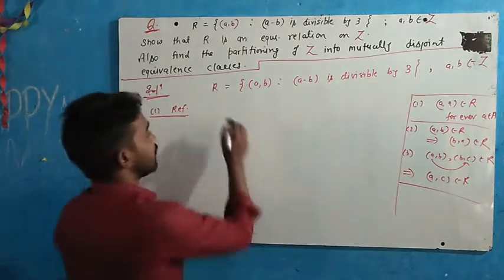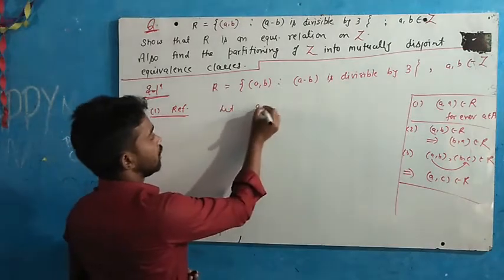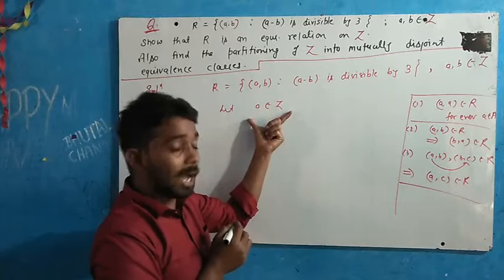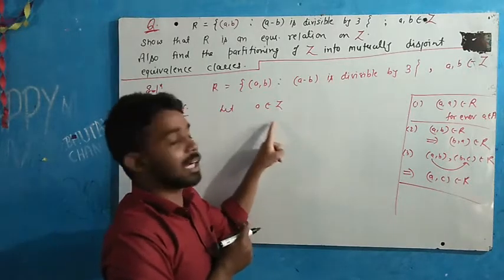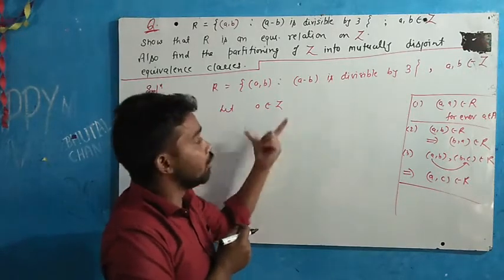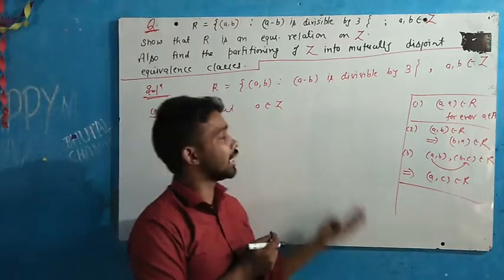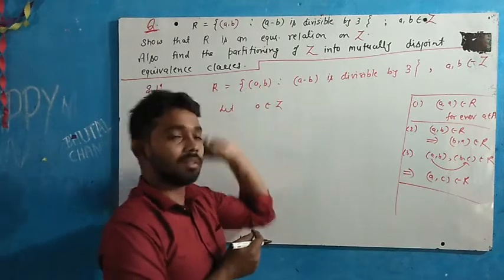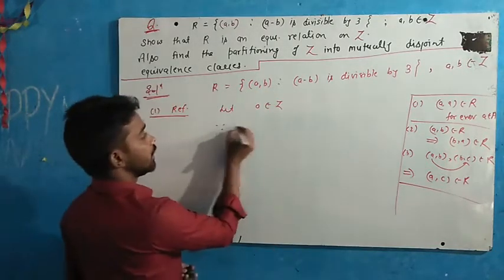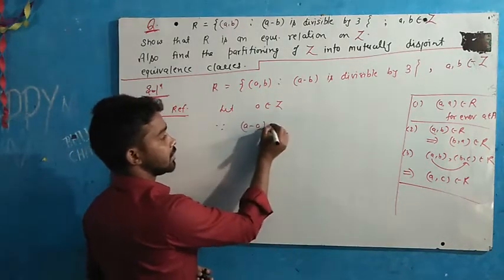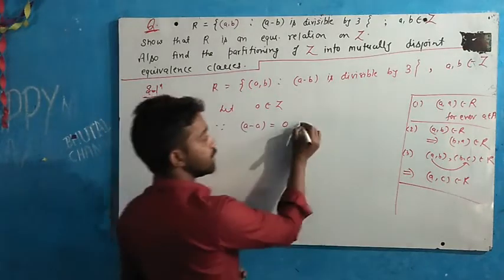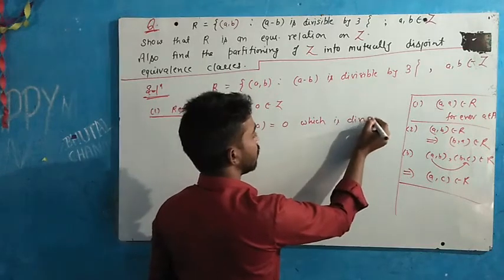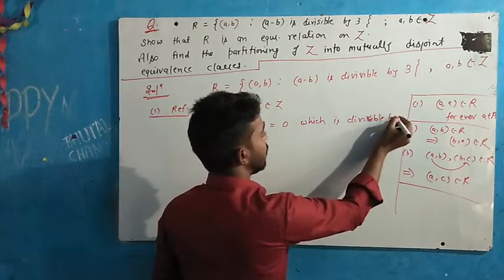So let us take small a belonging to Z. I have taken one integer. Clear? And I will show here that (a, a) belongs to R. And how will we show it? If we show that their difference is divisible by 3, then both numbers will come in the relation R. So since a minus a, their difference, is equal to 0, which is divisible by 3.